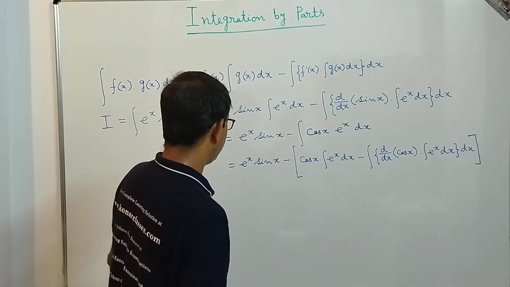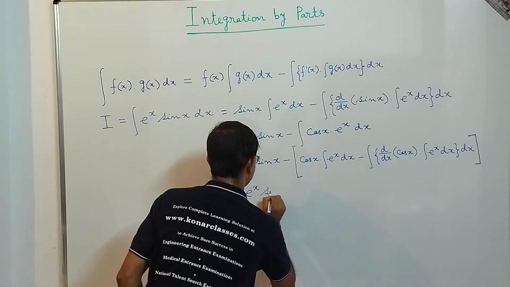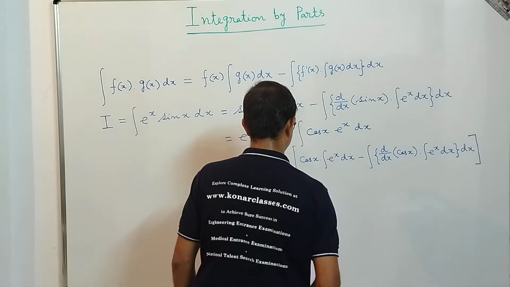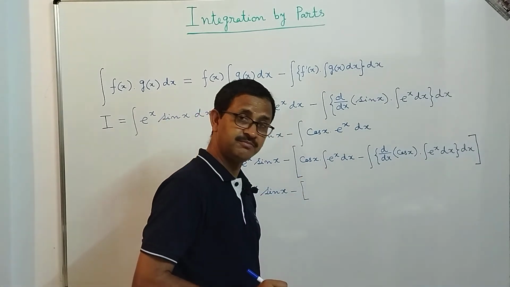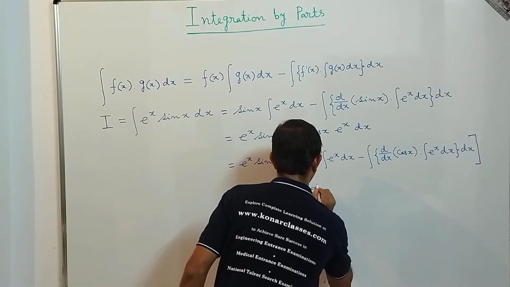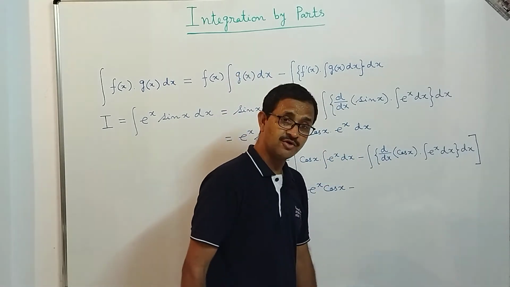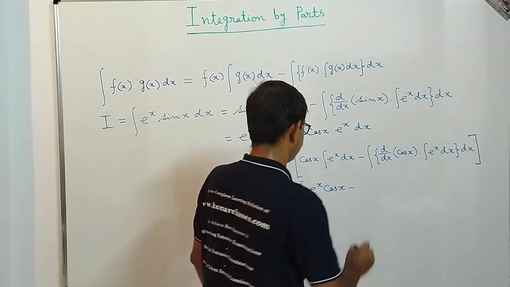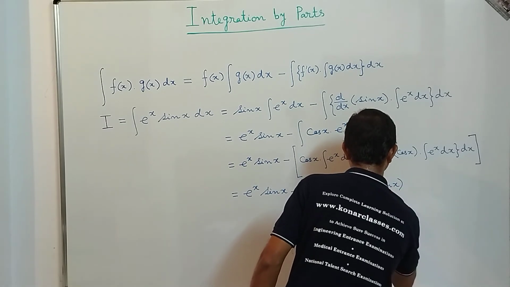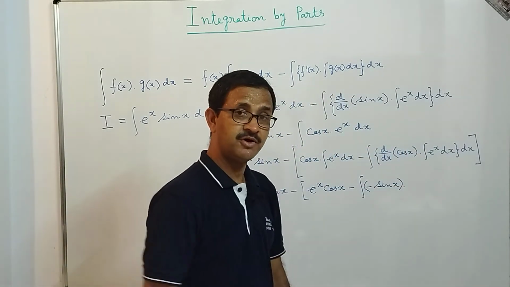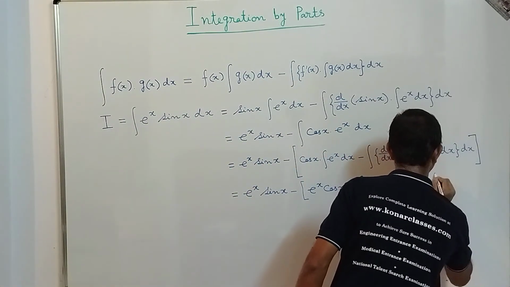Then what are we going to get here, dear students? This is equal to e^x into sin x minus, what we get is cos x into integration of e^x dx, which is e^x. So we get e^x cos x minus, what is d/dx of cos x? d/dx of cos x is minus sin x. So we write integration of minus sin x into integration of e^x dx, which is e^x, so we get e^x dx.